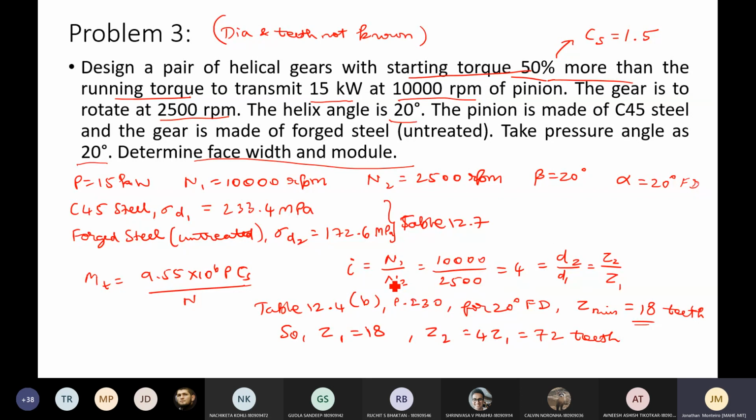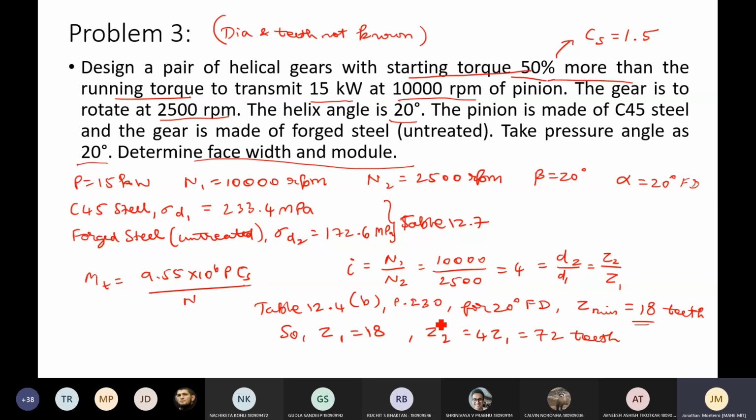Now i is equal to N1 by N2, which is 10,000 by 2,500, so the gear ratio is 4, which is applicable to both spur and helical gears as D2 by D1 and Z2 by Z1. To start with, we don't have diameter, we don't have teeth, and both cannot be unknown.